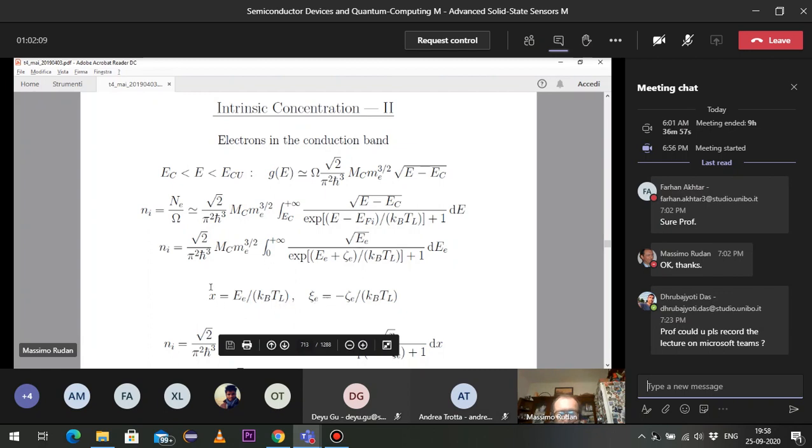But since we are defining a new variable x with kT in the denominator, here in the differential we must divide and then multiply by kT, so we have a kT in front of the integral. And then again, the square root must be divided and multiplied by the square root of kT, so eventually we have kT to the 3/2.